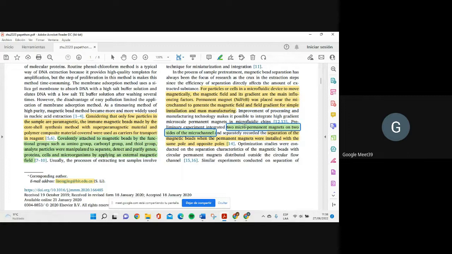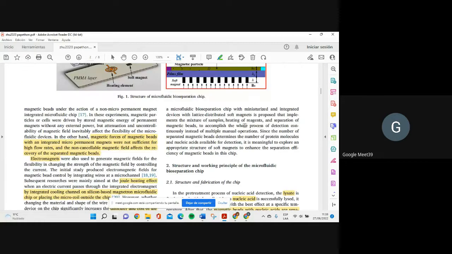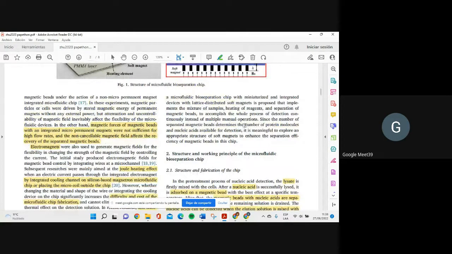The first one I'm going to talk about has two micro permanent magnets on two sides of the microchannel, and the separation of the beads happened when they changed the poles of the magnets. But this kind of strategy has problems because the magnetic force of the magnetic beads and the magnets is too weak to separate in flow.